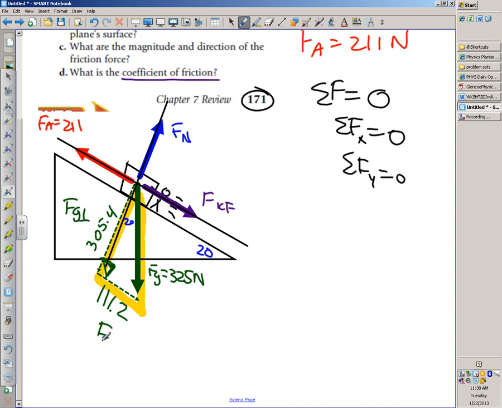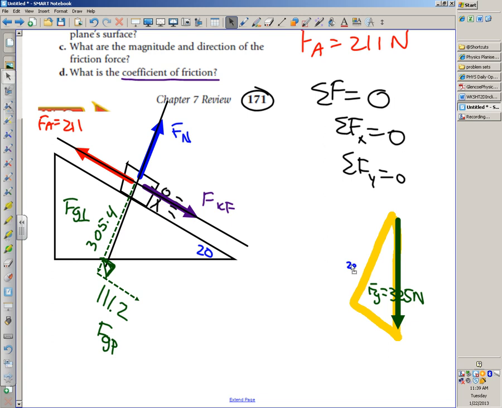And this component here, we generally refer to as f of g parallel, because it's the component of gravity that is parallel to the ramp. In essence, finding the component vectors of gravity is basically like getting rid of all of this stuff and just leaving us with those two components.